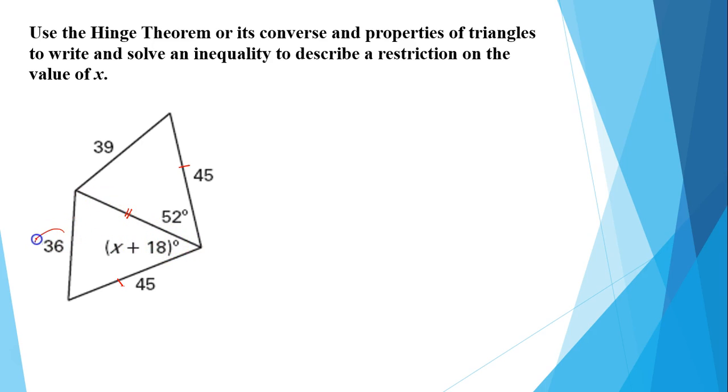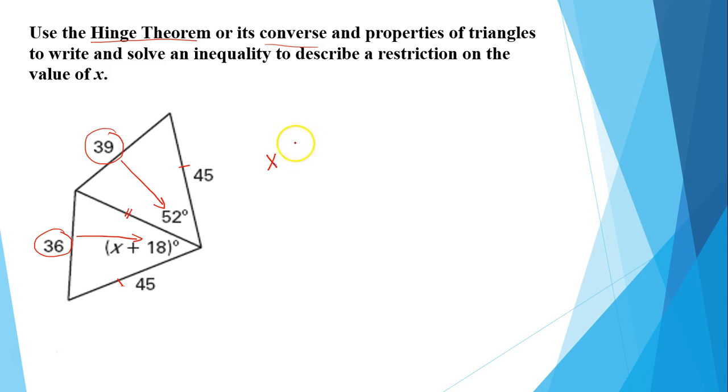But this side right here is less than this one. So the angle opposite of 36 is going to be less than the angle opposite of this side measurement. And that is what the hinge theorem states, or the converse of the hinge theorem.